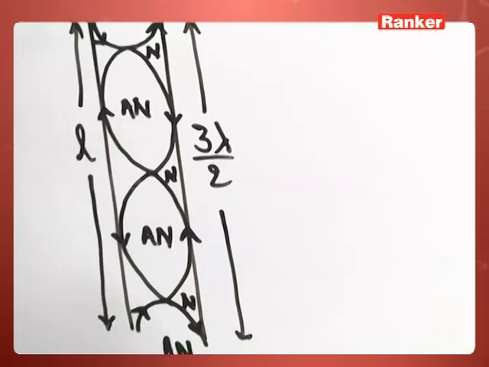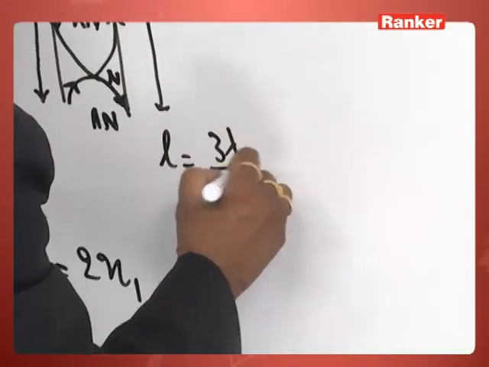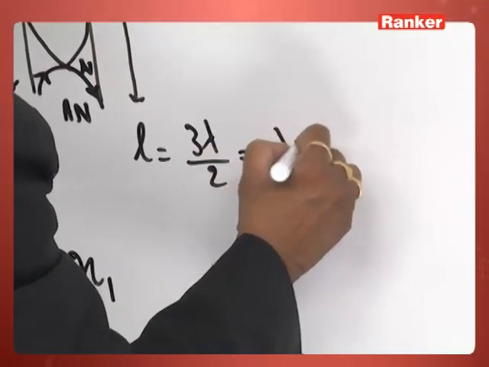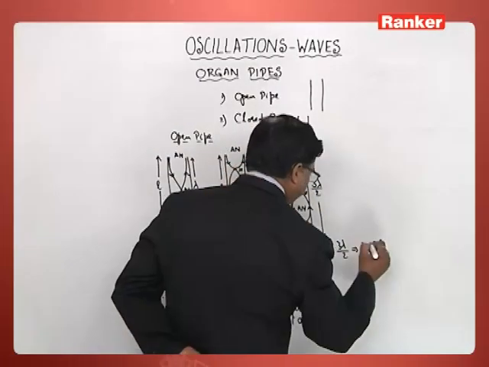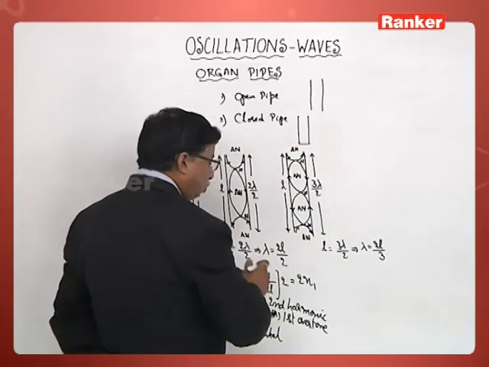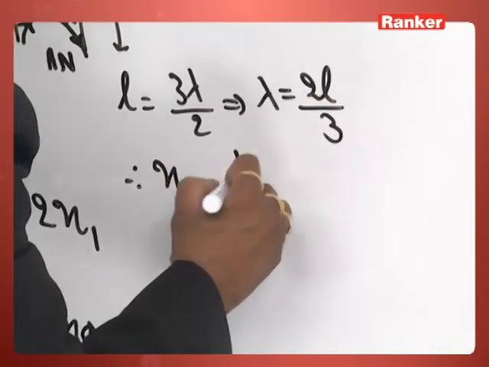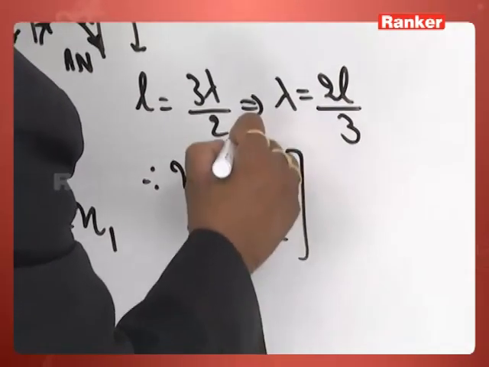case. Then what can I write now? When L is equal to 3 lambda by 2, then lambda becomes 2L by 3. Earlier it was 2L by 2, now it is 2L by 3. So what would be the frequency corresponding to that? It is V by 2L into 3.